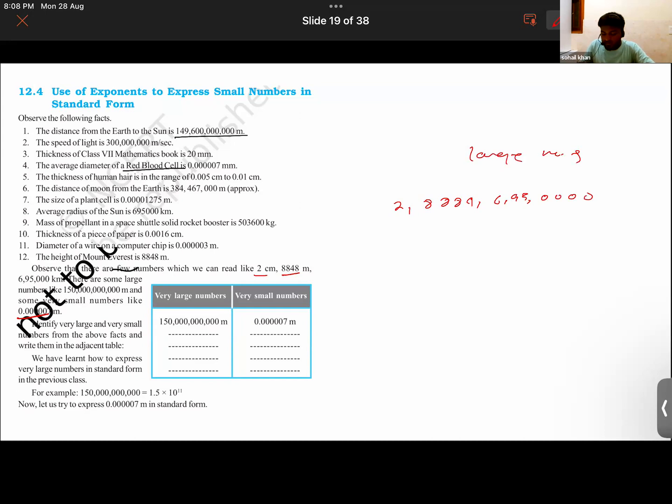Then you have small numbers also, microscopic numbers, like the things which are microscopic in nature, you measure them with very small units like microns, picometers, etc. So you can be having a diameter of a cell of an amoeba like this. But the question is that how do we represent such numbers in the form of exponents?